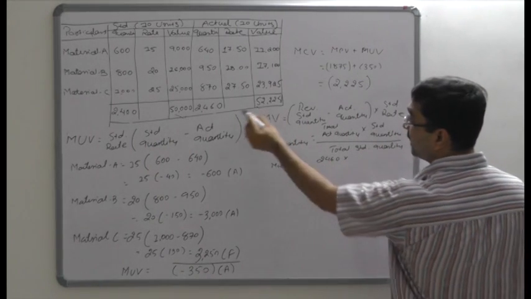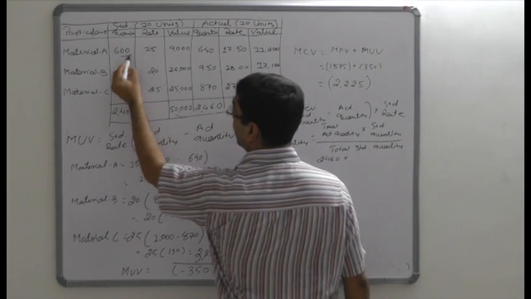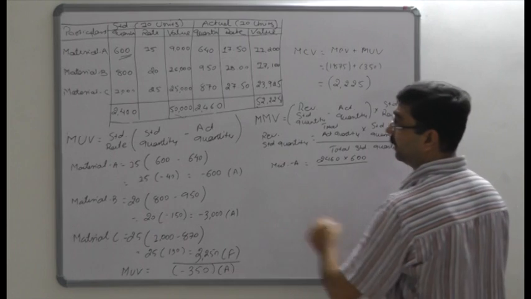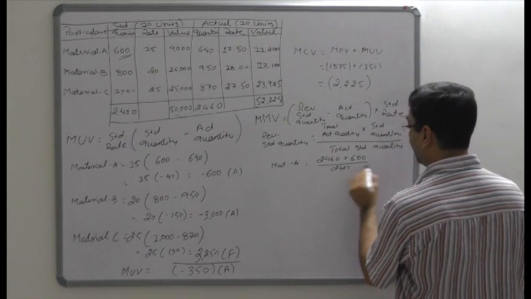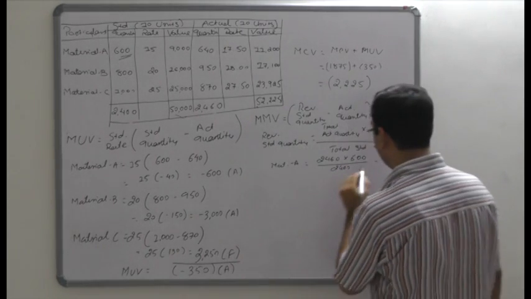So 2460 is the total actual quantity, multiplied by the standard quantity of material A, which is 600, divided by total standard quantity 2400. The answer for material A comes to 615 units.